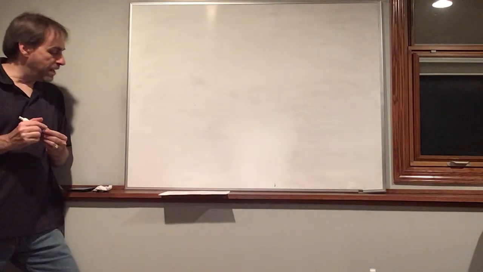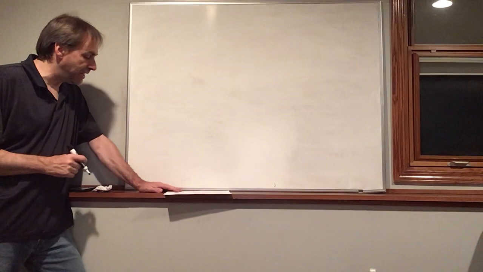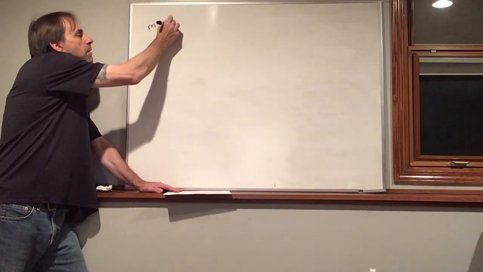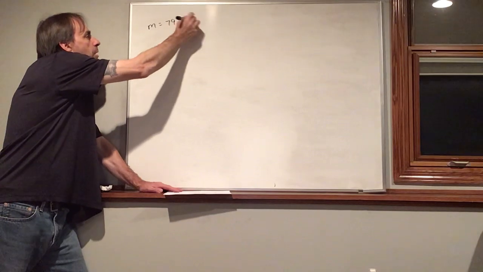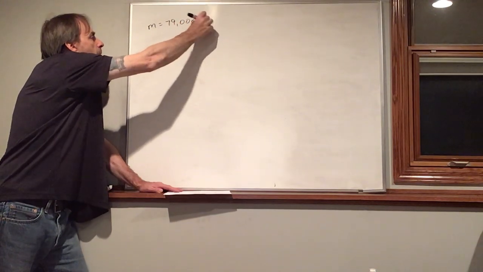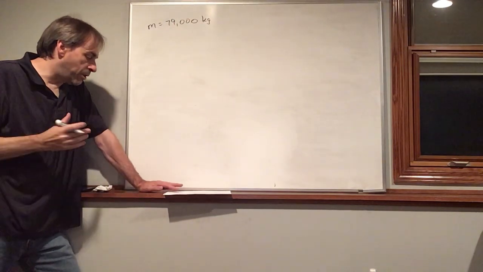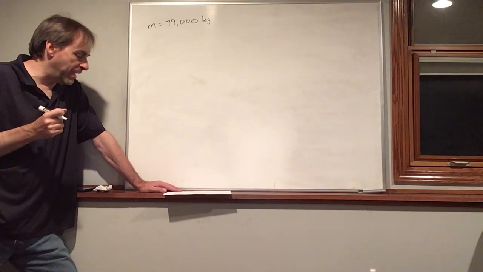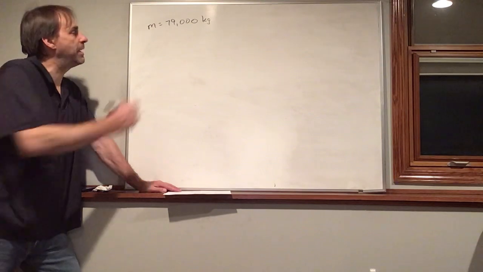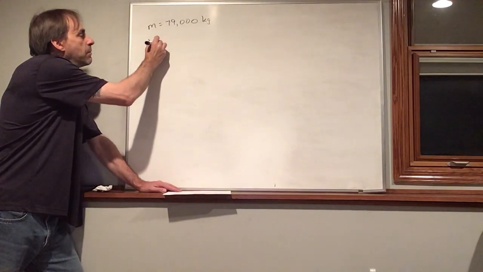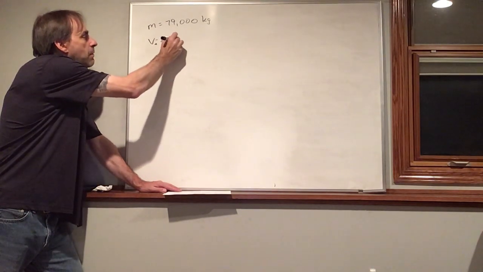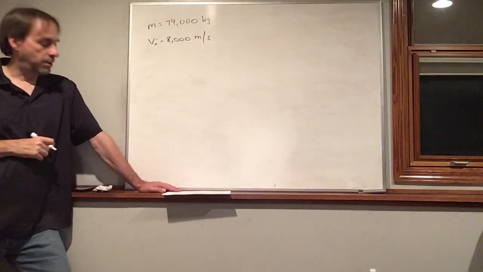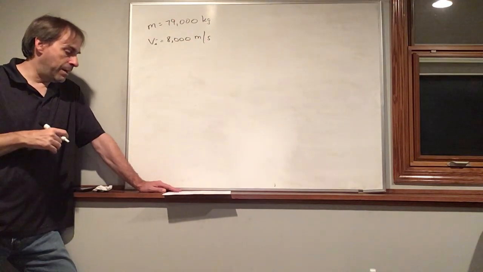So here, a space shuttle with a mass of 79,000 kilograms, rather a large object, returns to Earth from orbit. It enters the atmosphere moving at 8,000 meters per second, and it's going to slow down.